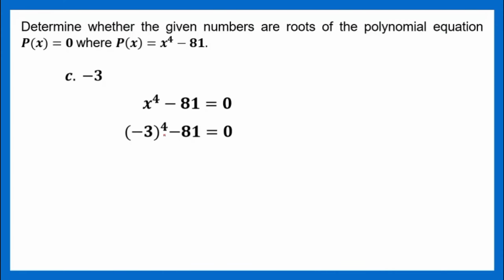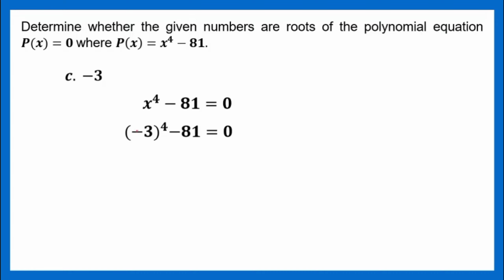Now, here's the catch. Ito, diba, negative 3 na 4 na beses times. Right? So, negative 3 times negative 3 times negative 3 times negative 3. So, 4 na beses. So, ito yung technique na pwede natin gawin kapag ang base natin ay negative, just like this one.